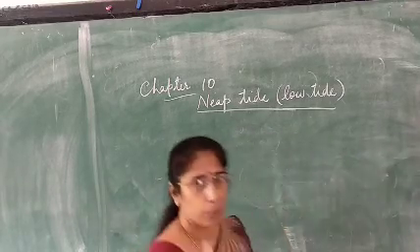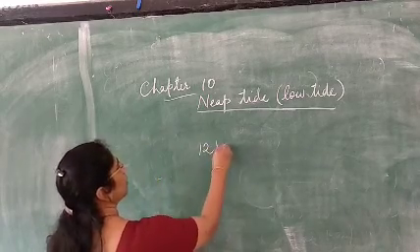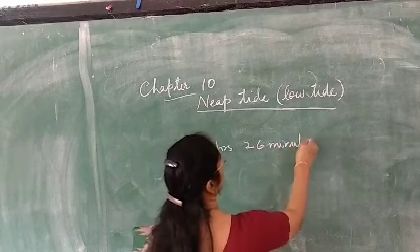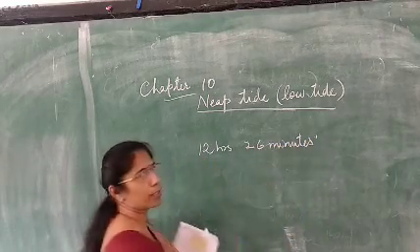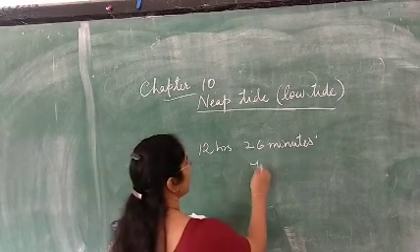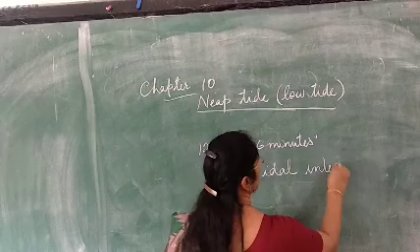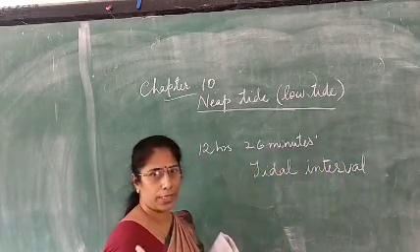The time difference between two tides is about 12 hours 26 minutes. This time period is known as tidal interval. What do you mean by tidal interval? The time difference between two tides.